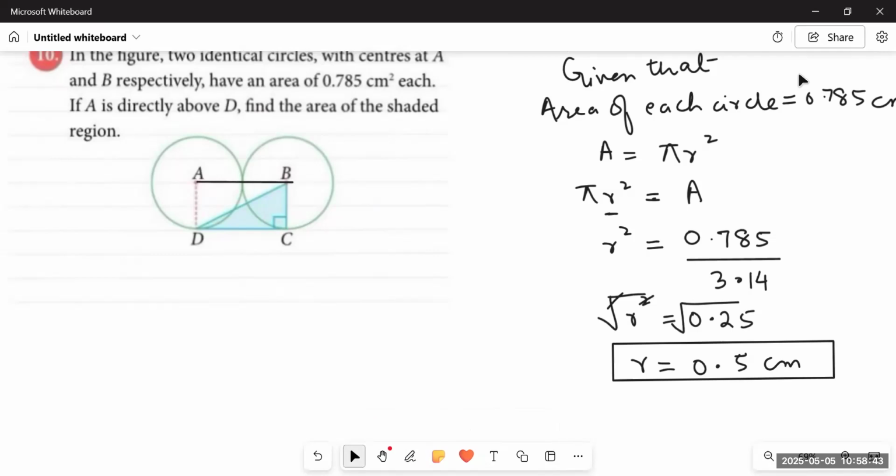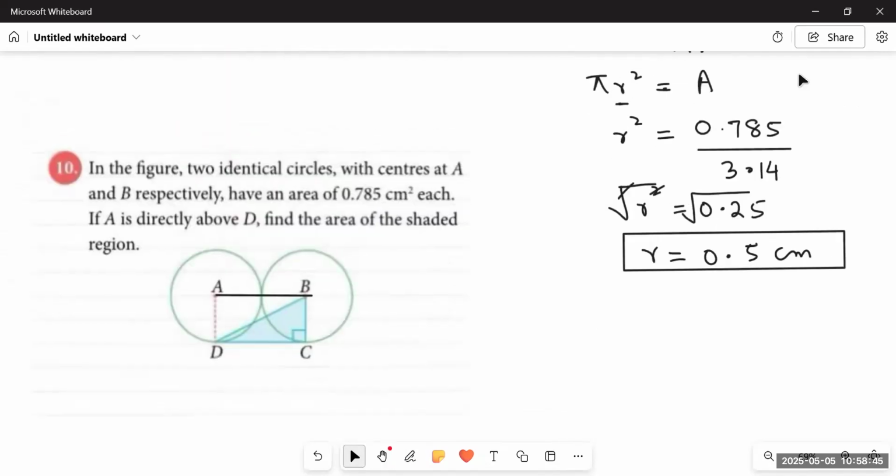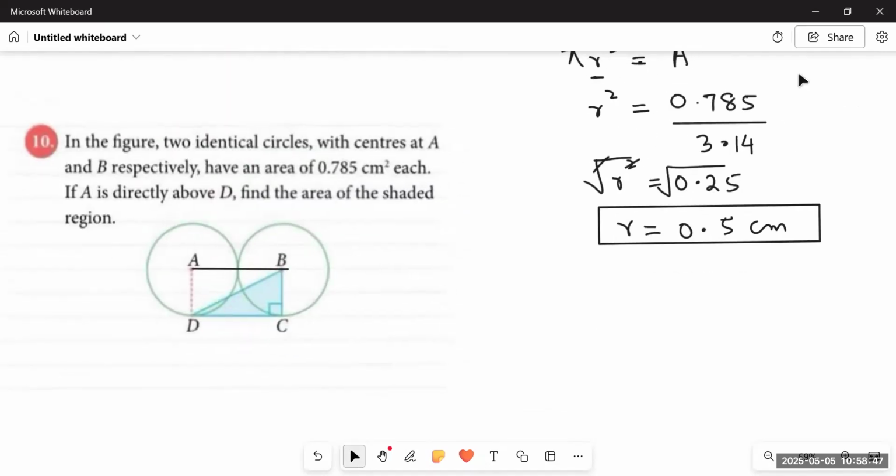Since we have to find the area of this shaded triangle, after finding the radius, we know that DC is parallel to AB. So DC is also 0.5 plus 0.5, that is 0.5 multiplied by 2, because the diameter is double the radius. BC is also a radius, so it would be 0.5. So we have to find the area of the triangle, that is the shaded area.